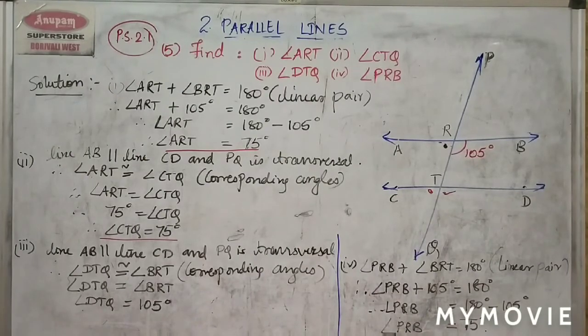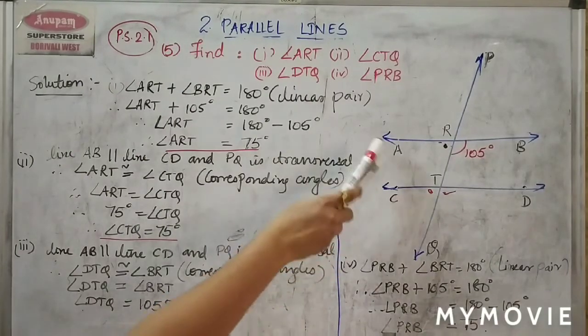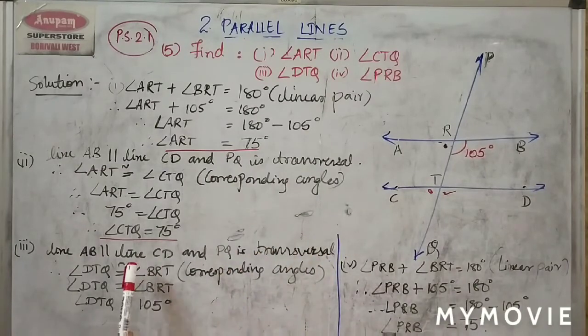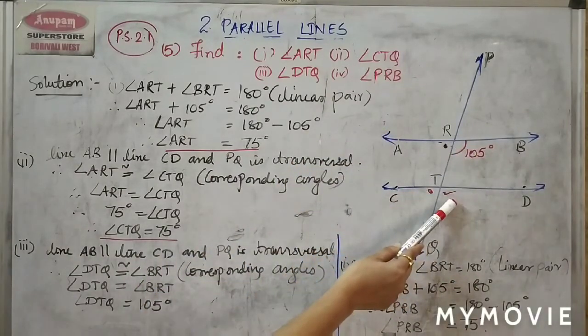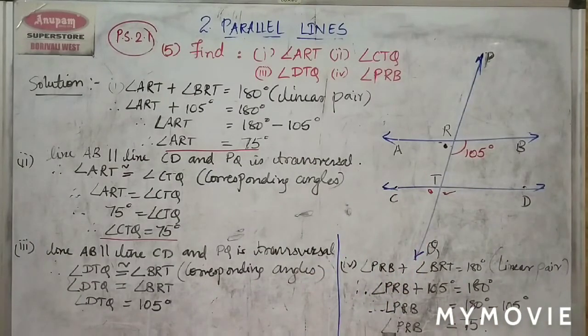But again when you show corresponding angles, you will write down line AB is parallel to line CD and PQ is a transversal, therefore this angle is congruent to this angle because they are corresponding angles. So DTQ is congruent to BRT, corresponding angles. In the next step, instead of congruency, write the equal to sign, and then DTQ is equal to BRT, but BRT is nothing but 105, so I write angle BRT is 105 degrees.